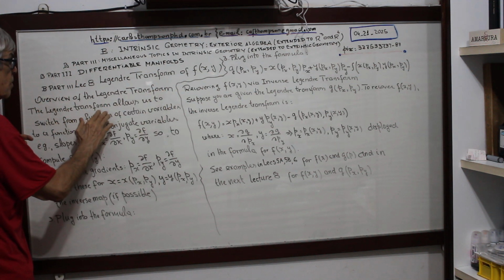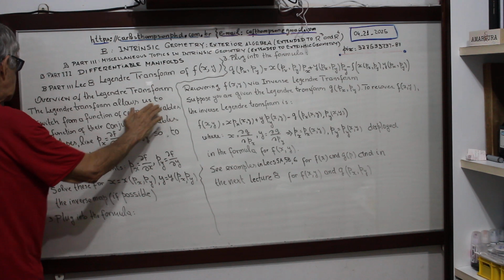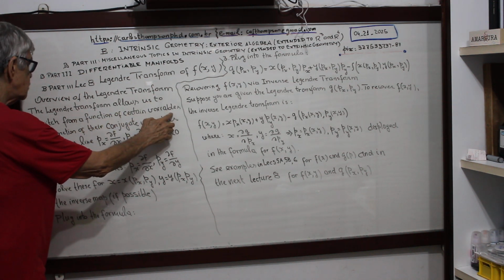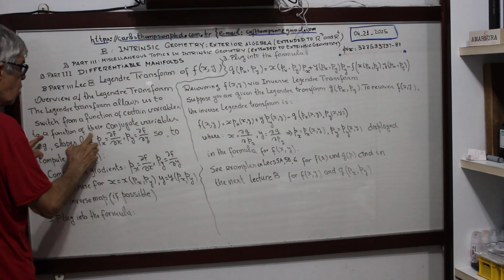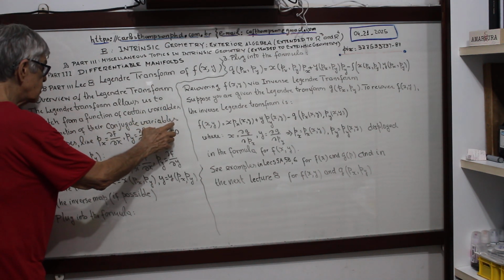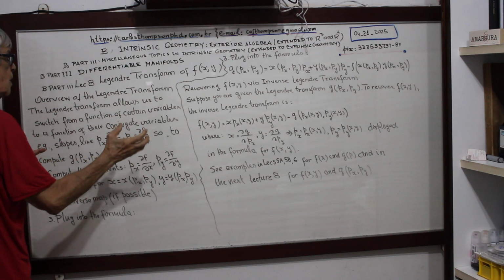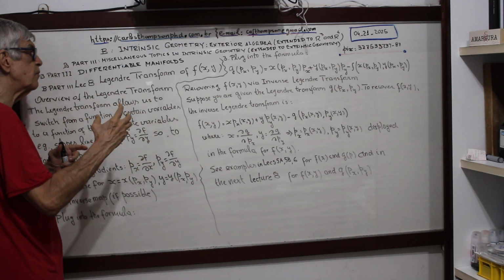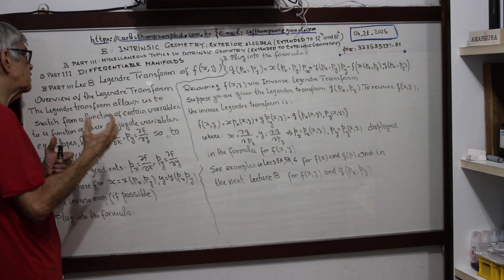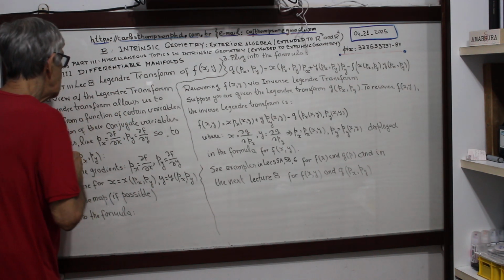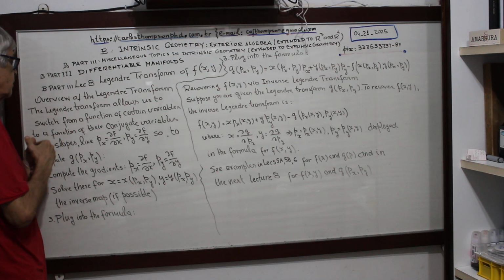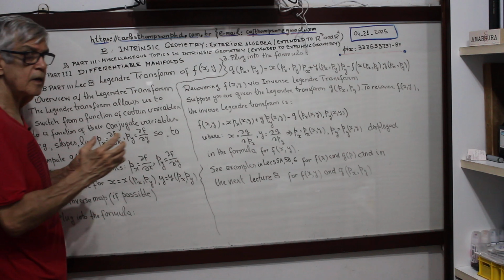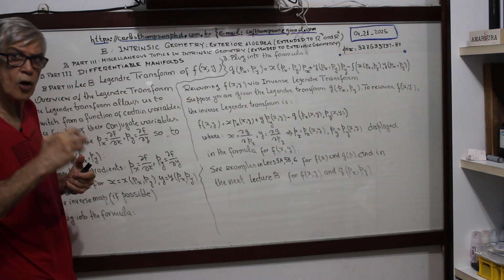The Lagrange transform allows us to switch from a function of certain variables to a function of their conjugate variables. Attention, from the previous lectures, lecture 5a, 5b, and lecture 6, we treat the variables x and p as conjugate.